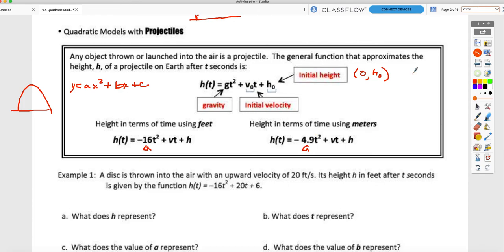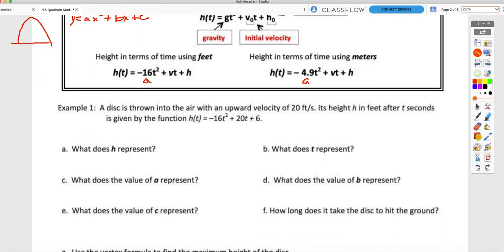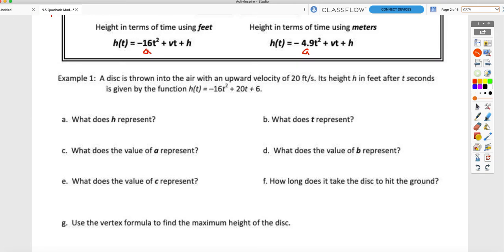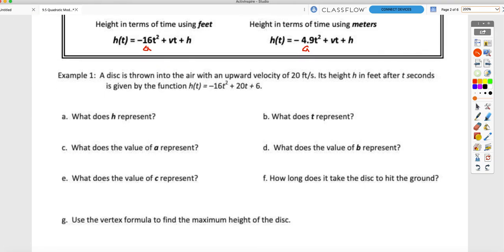Okay, so let's go down here and start looking at some of these problems. We're almost done. There's only this page. All right, example 1. A disc is thrown into the air with an upward velocity of 20 feet per second. Let's get a different color.